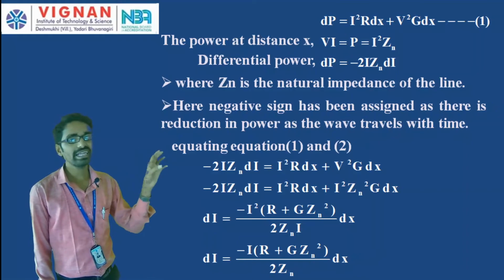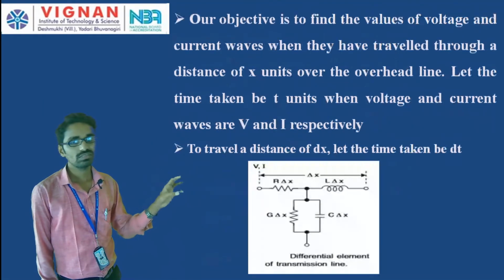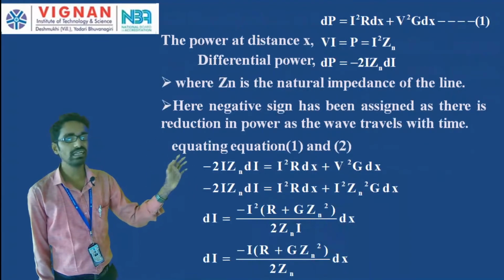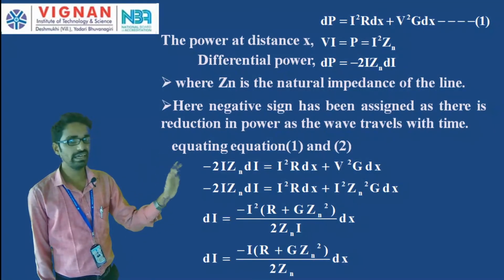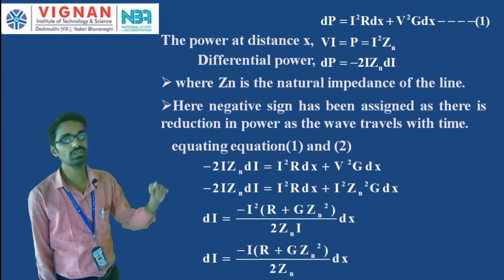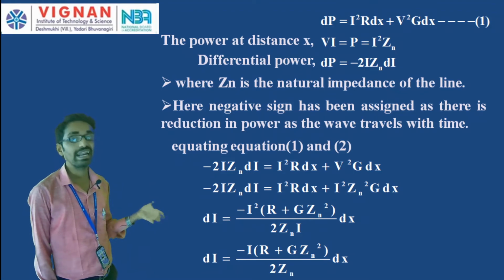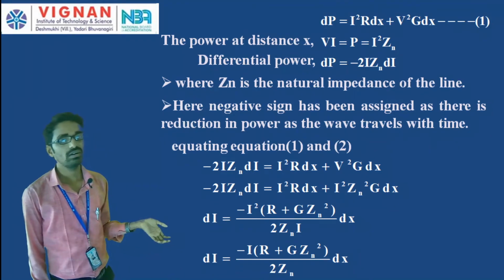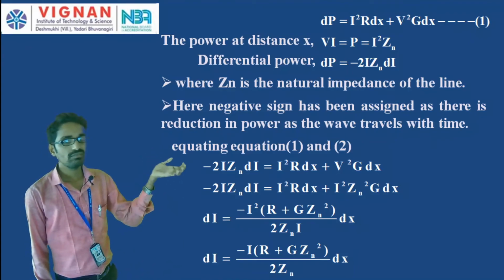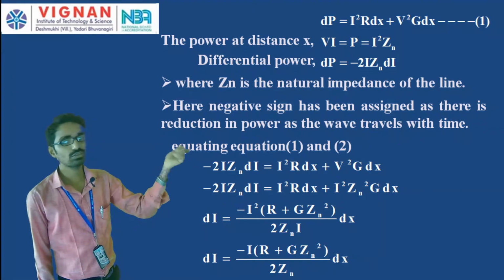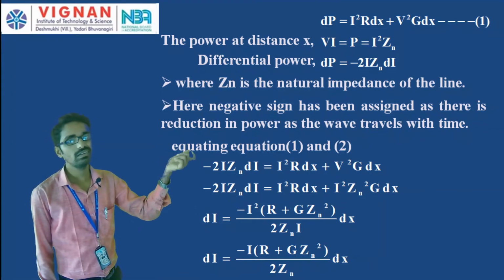So the power at a distance of x is P, which is equal to I square into Zn, where Zn is the natural impedance of the line. If I differentiate that power with respect to the current, dP is equal to minus 2I Zn into dI.